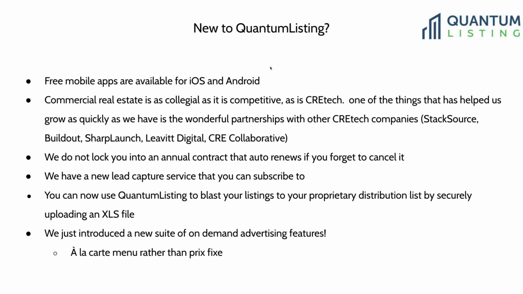Levitt Digital has a network of 500 plus local news sites that you can push out your listings to. And CRE Collaborative, which is a new partner of ours, and they're going to provide data enhancement.